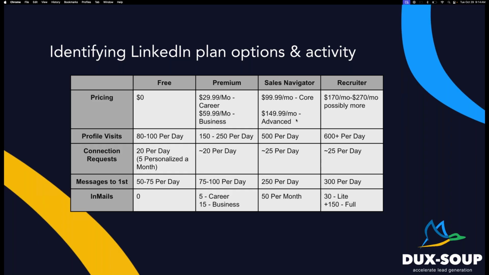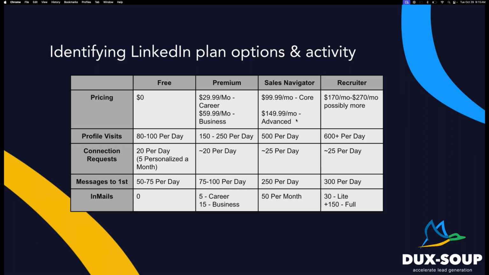Furthermore, it drastically increases the number of profile visits you can do per day, which is about 500 on average for the Sales Navigator version. However, connection requests still stay the same. The number of connection requests that you can do is still about 20 to 25 per day.